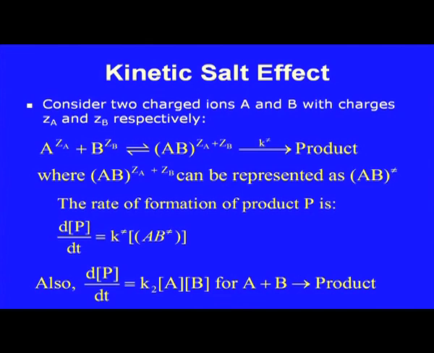So schematically we can write: A with charge Za plus B with charge Zb will form AB, which is an activated complex with total charge Za plus Zb, and then this activated complex will give rise to product with the rate constant K double dagger.